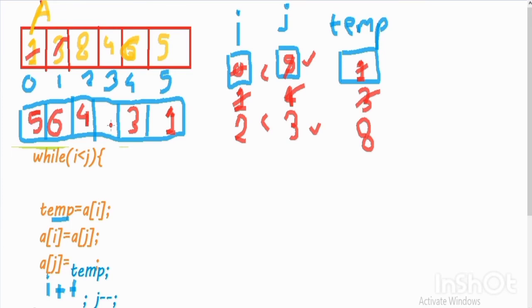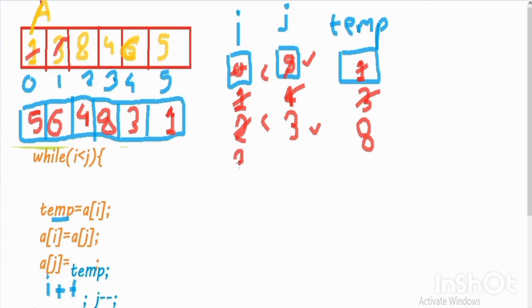Now assign temp value to the third index. So in the temp 8 is present, so assign 8 at third index. Now at second index the value becomes 4 and at third index the value becomes 8. So these two index values are also swapped.